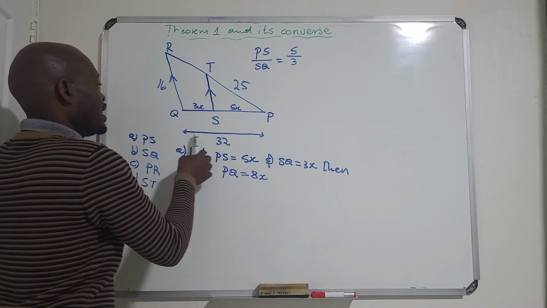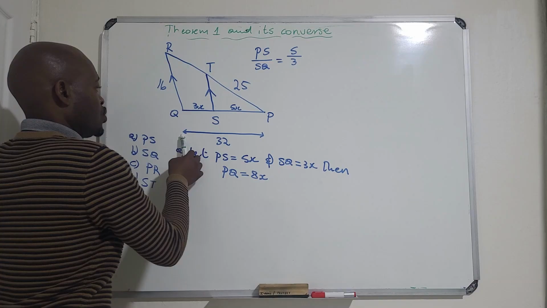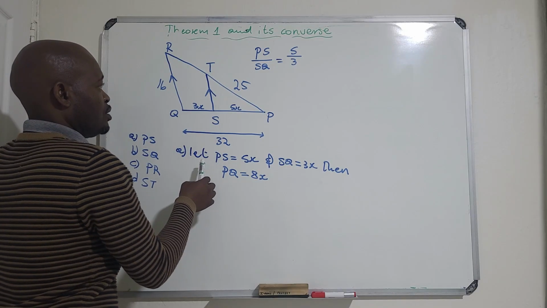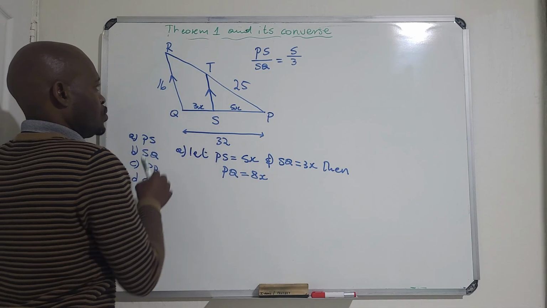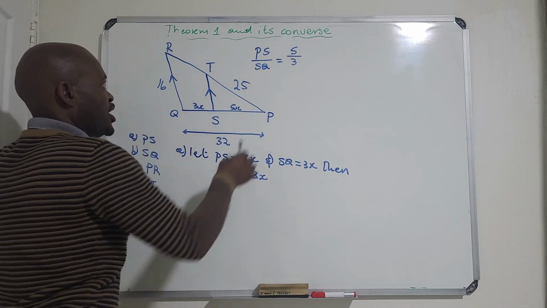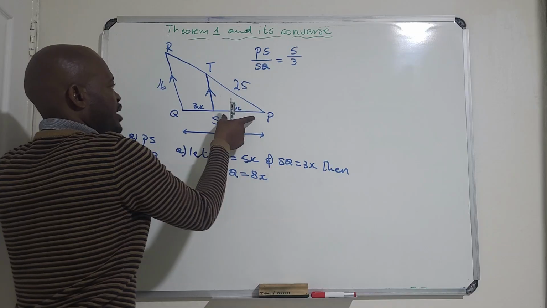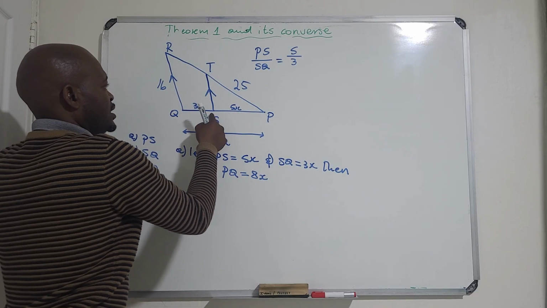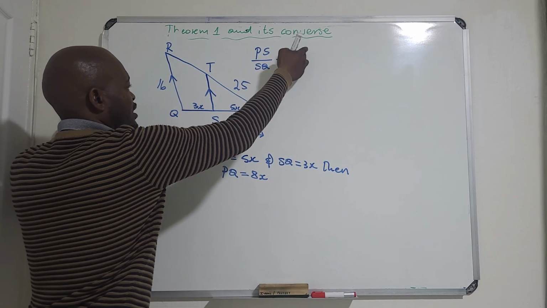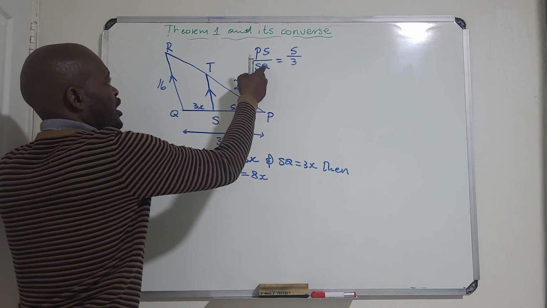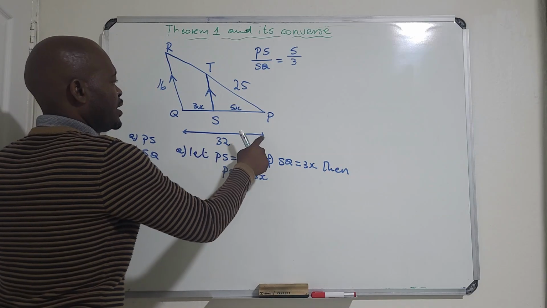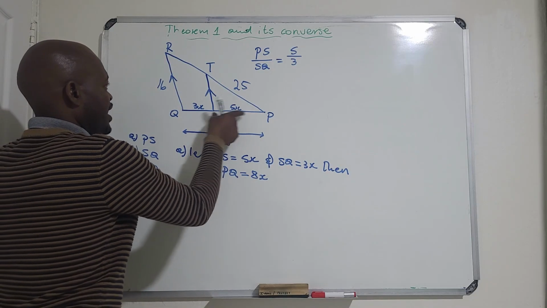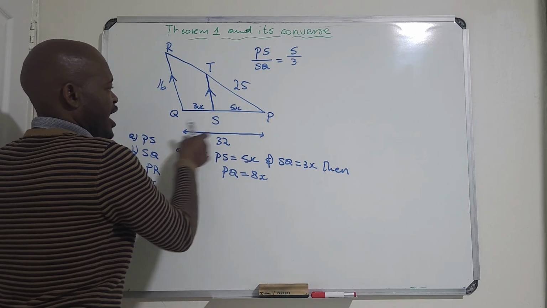We are given PQ to be 32, but we are given the ratio of PS over SQ. That is why we start by letting PS be 5x and SQ be 3x, then PQ is 5x plus 3x, which is 8x.